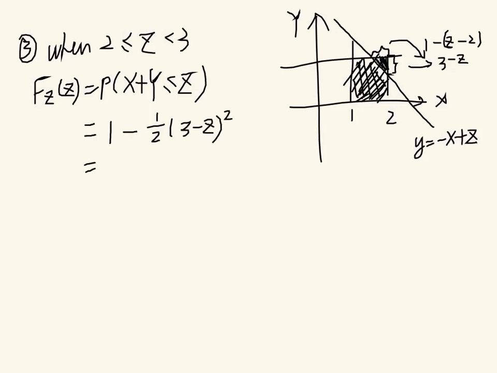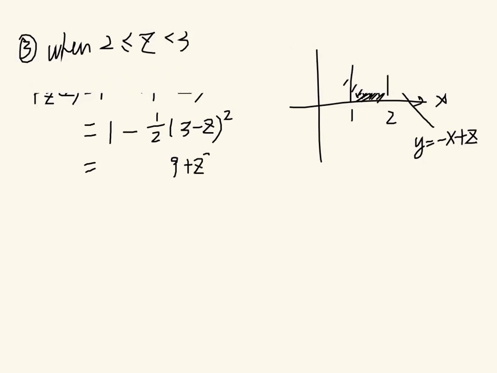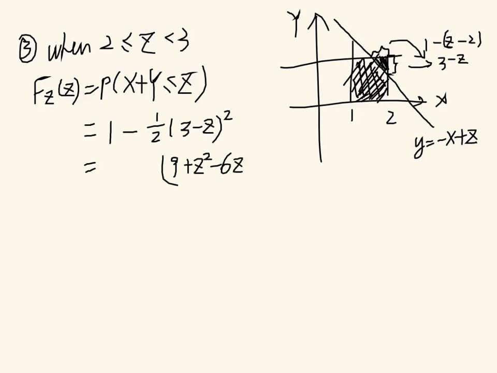So we got F of z is equal to minus 1 over 2 z squared plus 3z minus 7 over 2.